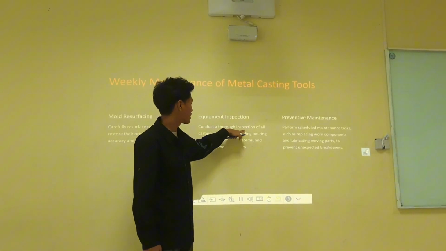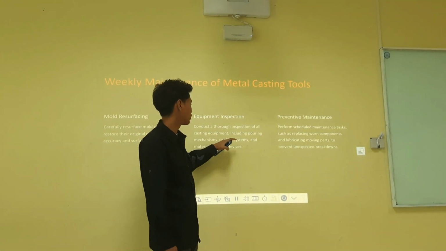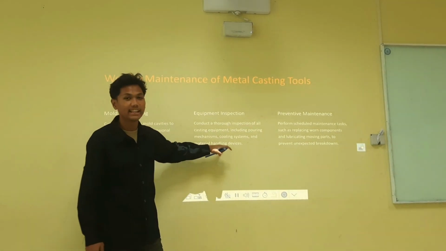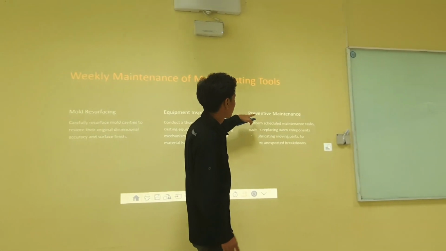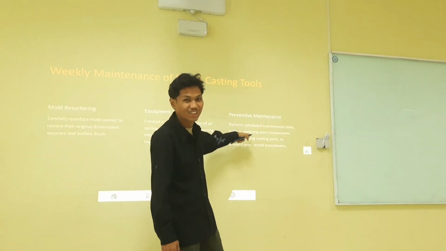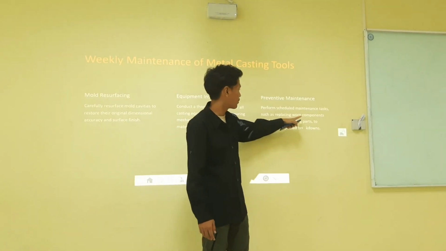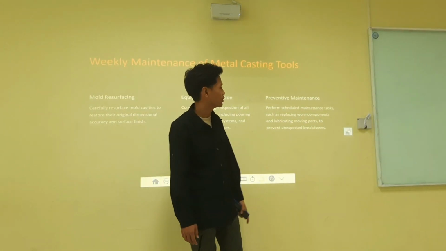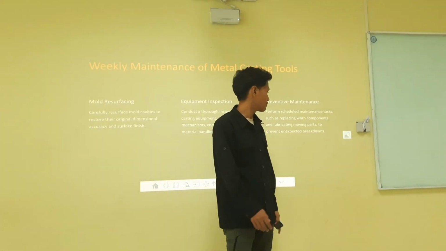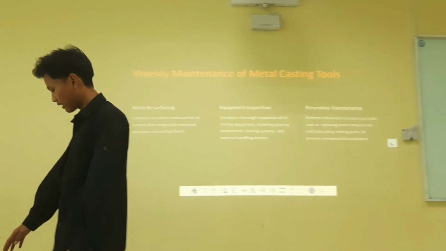Conduct a thorough inspection of all casting equipment, including pouring mechanism, cooling system, and material handling devices. Third, preventive maintenance. Perform scheduled maintenance tasks, such as replacing worn components and lubricating moving parts to prevent unexpected breakdowns. Next slide.